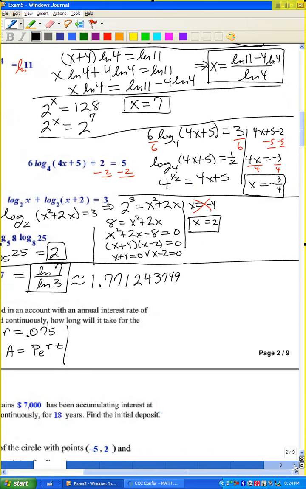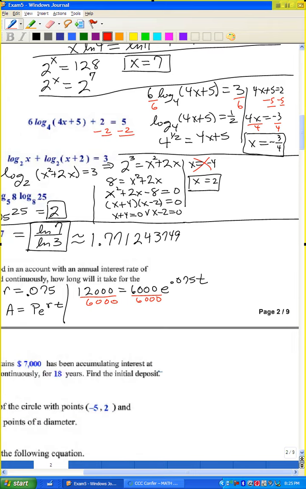And so I have 12,000 equals 6,000 e to the rt. So A equals P e to the rt. Divide both sides of my equation by 6,000. And so I have 2 equals e to the 0.075 t. Take ln of both sides of my equation.